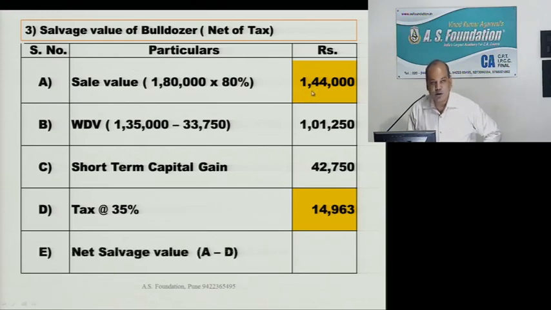You have sold the bulldozer for 1,44,000. Bank account debit to bulldozer. You will pay tax to the government 14,963. Government account debit to bank 14,963. So what is left in your pocket? 129,037.